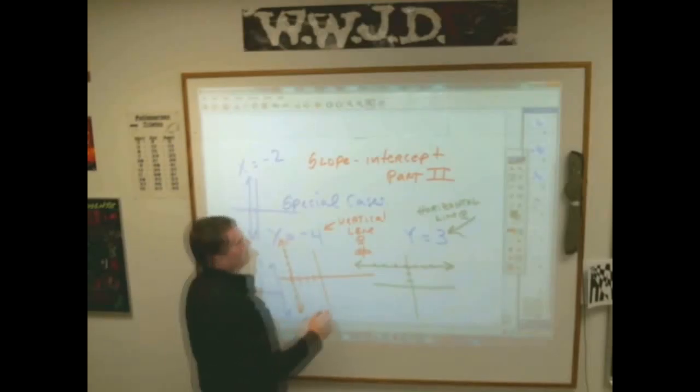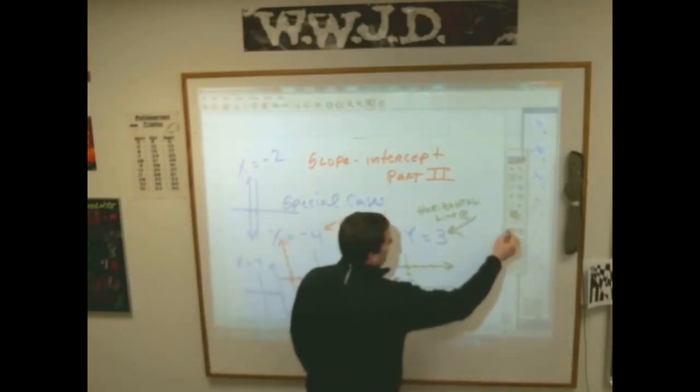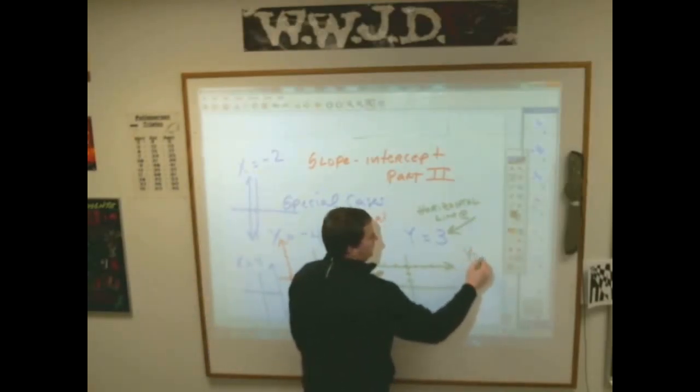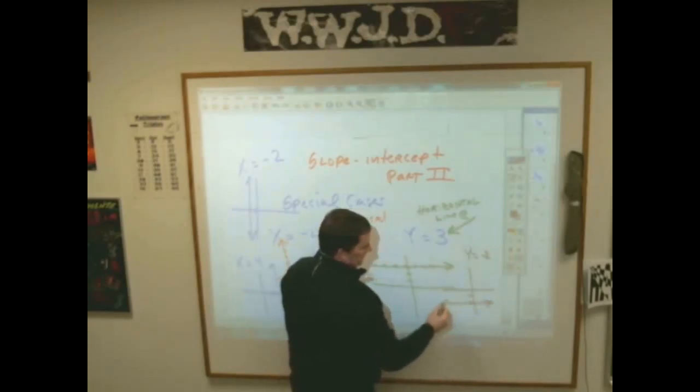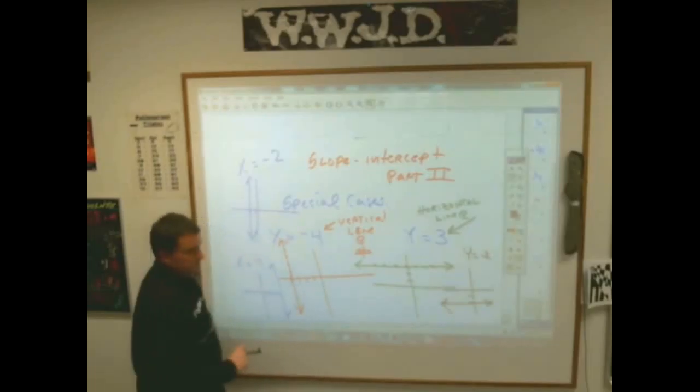Okay? If I said y equals -2, that would mean on my graph here where y is -2, it's a horizontal line at that point.